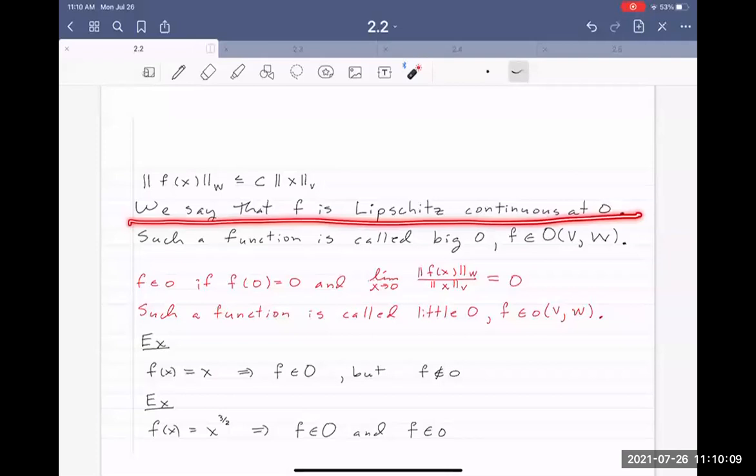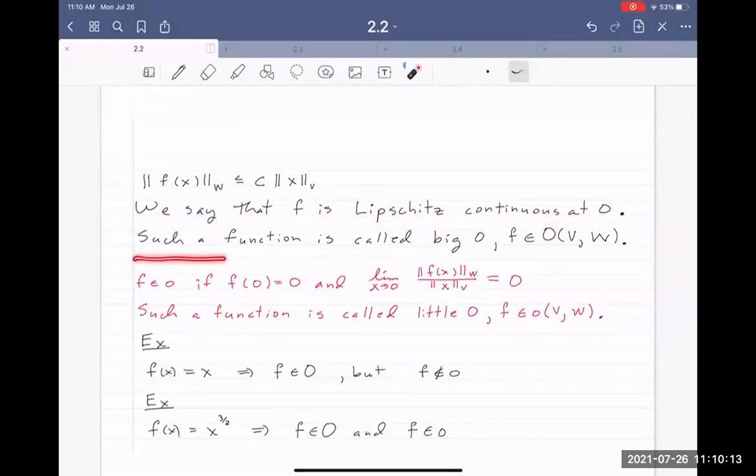We say that f is Lipschitz continuous at 0 if we have the following. Oh, I'm sorry. There it is right there. If we have this here. Such a function is called big O, and we denote it as f being big O as follows.